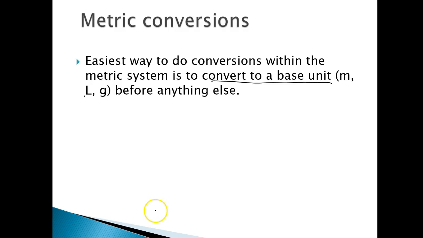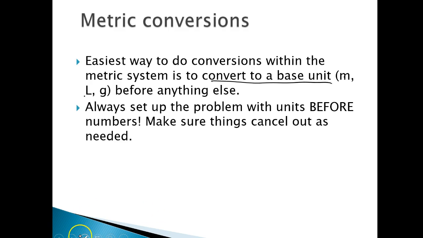So you kind of work your way there. So in this case, within the metric system, because you guys aren't as familiar with it, a good idea is to convert it to the base unit, meters, liters, or grams, before anything else. And then always, just like before, set up the problem. Write the letters first. Make sure things cancel out the way they're supposed to.